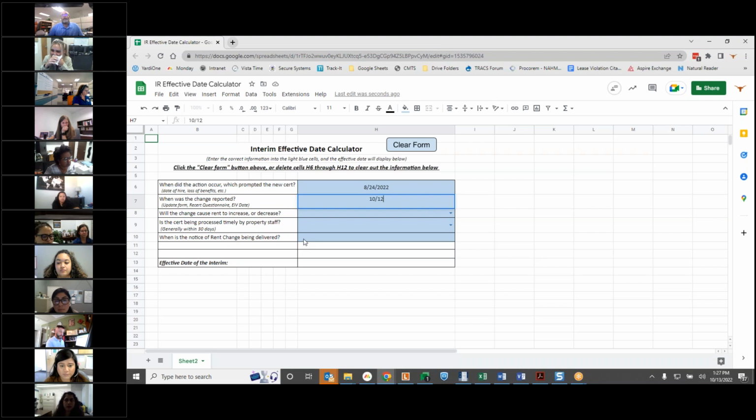Thank you. The change caused rent to increase or decrease? Increase. And is the cert being processed timely by staff? No. We can say here, we're going to deliver it.